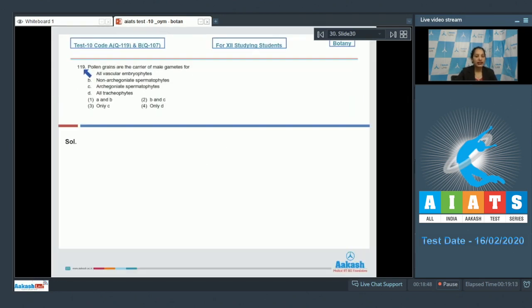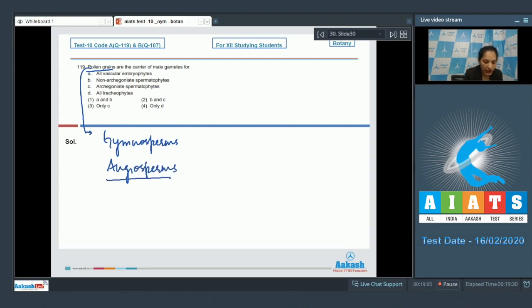Question number 119. Pollen grains are the carrier of male gametes for. Pollen grains can be seen in two plant groups, gymnosperms as well as angiosperms. Angiosperms are vascular plants. Spermatophytes means seed-bearing plants.